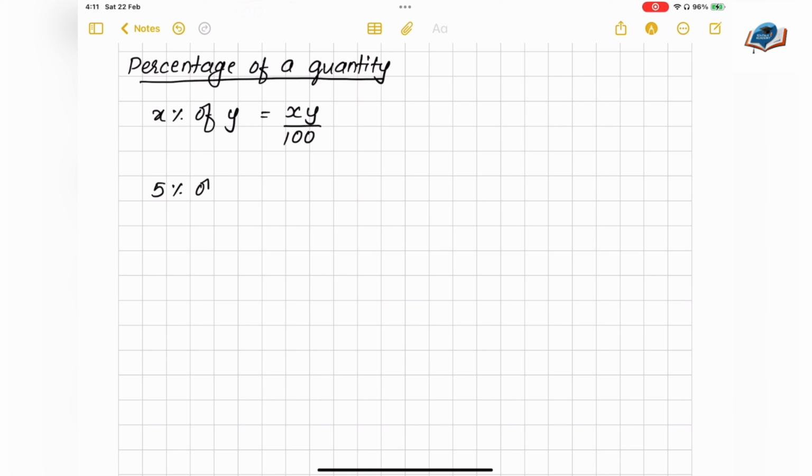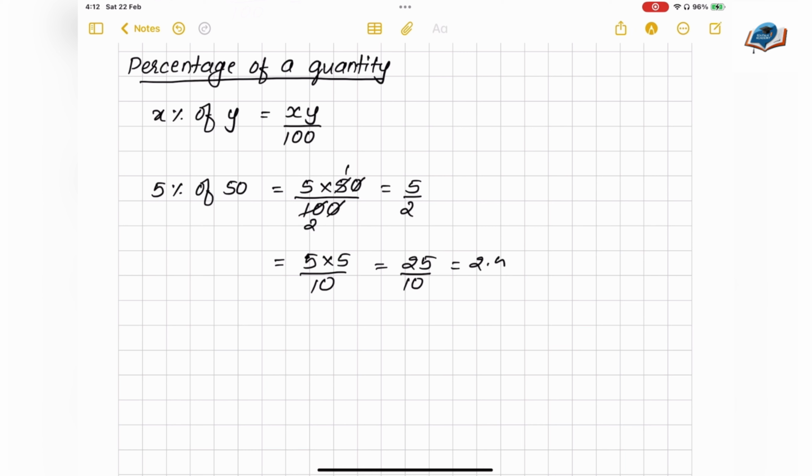So, suppose I am told 5% of 50. So how can I do it? 5 into 50 upon 100. So 0 cancels, 5 ones are 5, 5 twos are 10. So either I can say 5 upon 2, or I can directly say 25 by 10. So that will be 2.5.